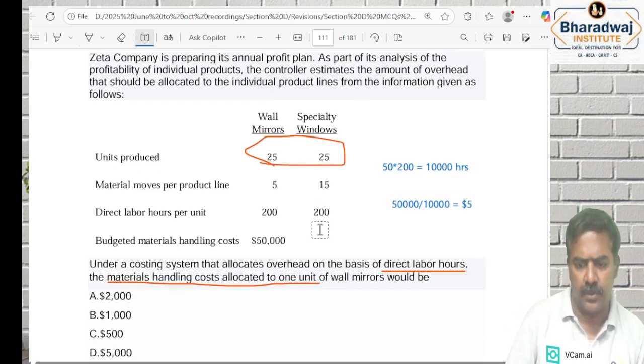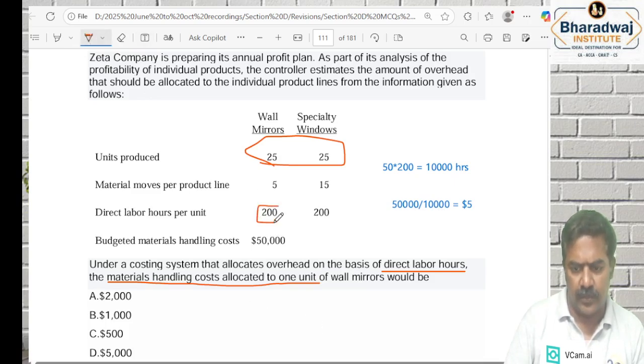Then they ask you to find out the cost of one thing. 200 into 5 is 1,000.